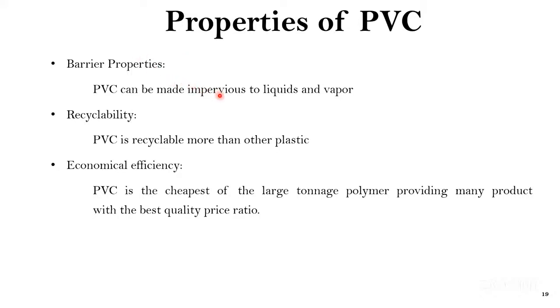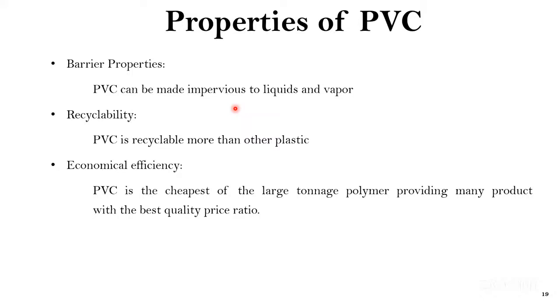The water can turn to vapor form and go to the vapor phase. But as it has a very perfect barrier property, the liquid will stay in liquid form inside your pipe.